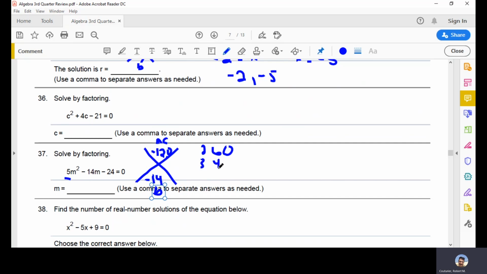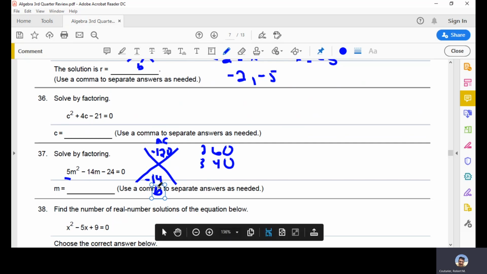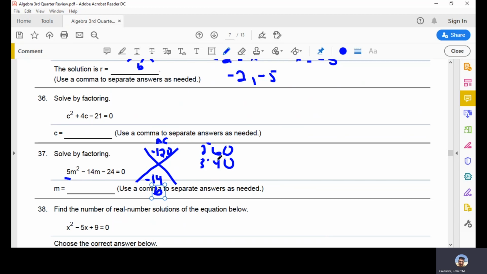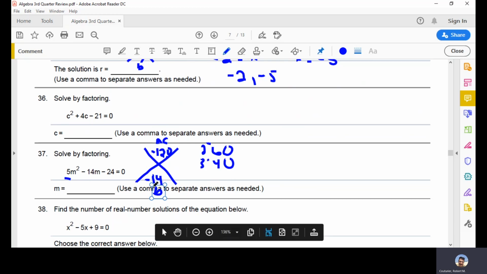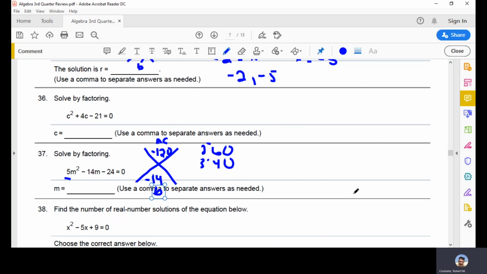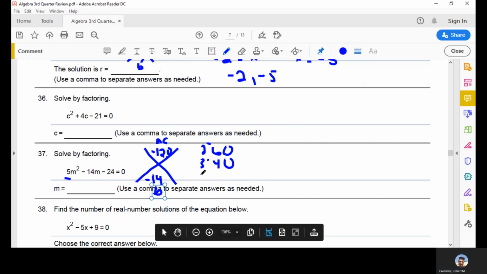Notice that if we are adding these together, our result needs to be negative, so the bigger numbers have to be the negative ones here. When you add these, you're not even getting close to this. You're going to keep going and keep going. 120 divided by 4 is 30.